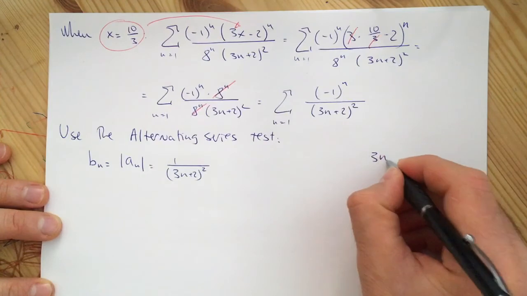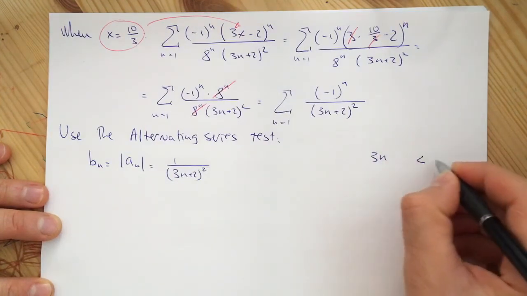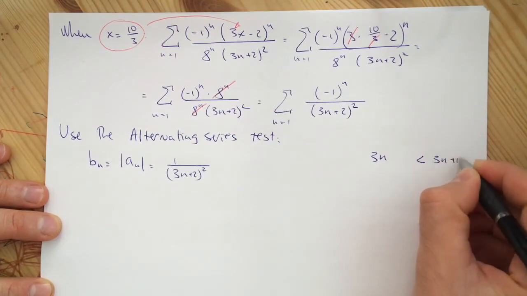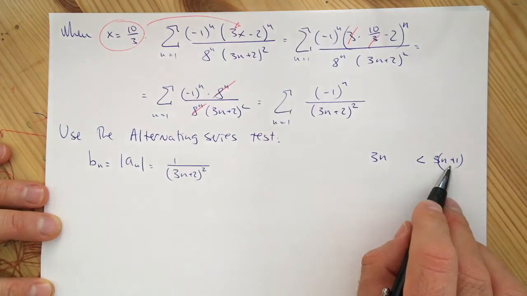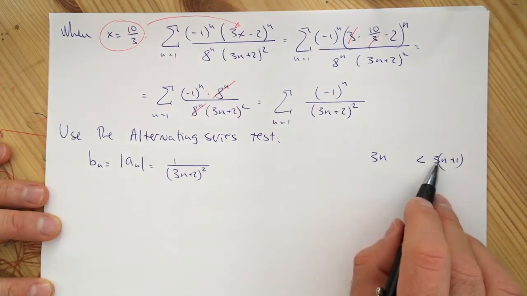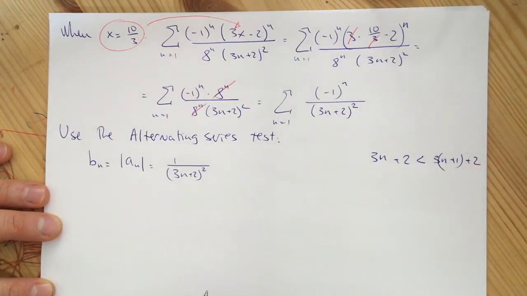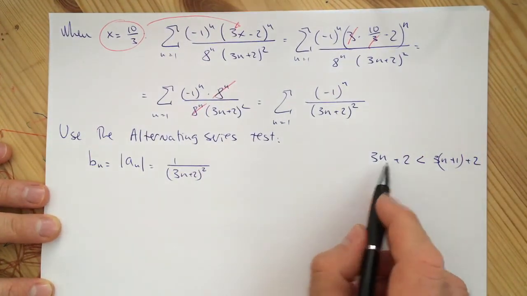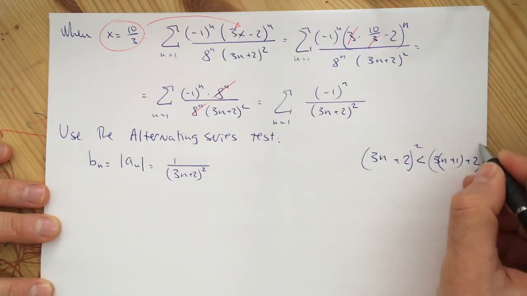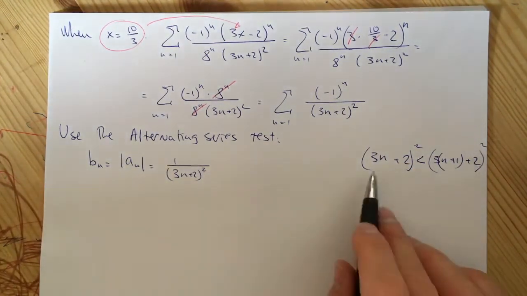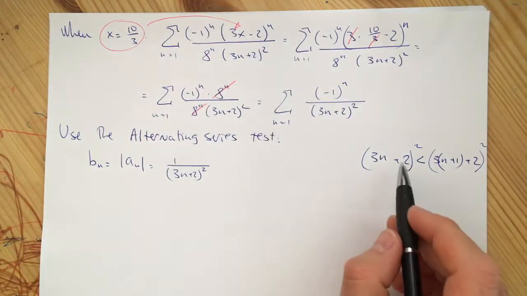Now, since n is less than n plus 1, I multiply both sides by 3, the inequality stays, and then if I add 2, of course the inequality will not change. Now if I take the reciprocal, and you can square this, the inequality will not change, and it is definitely greater than 1 because we start at 1, right?